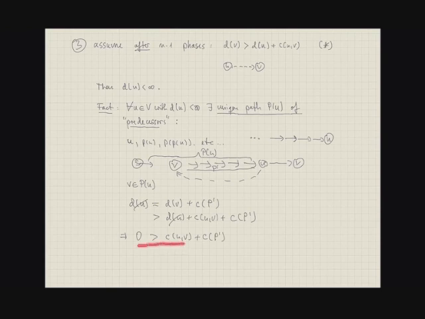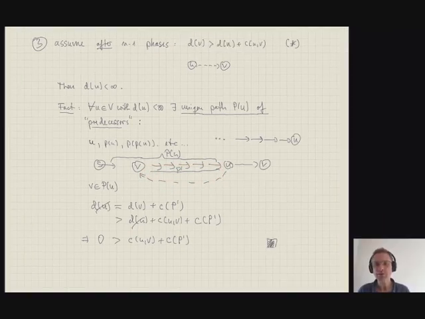And because this is in total obviously a negative length, but this is exactly the length of this cycle here. So we again have found a negative length cycle. Okay, so that finishes the proof that if there exists a violated triangle inequality after n-1 phases, then we can actually reconstruct a negative length cycle.